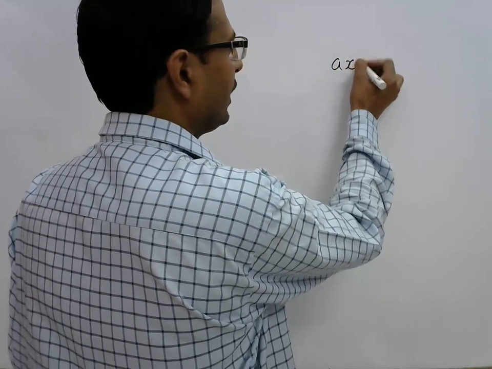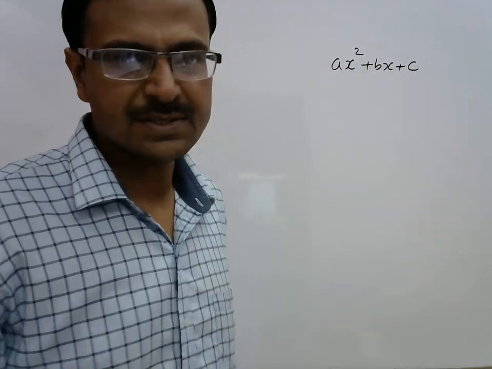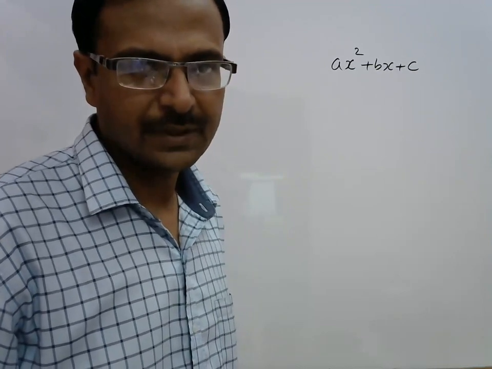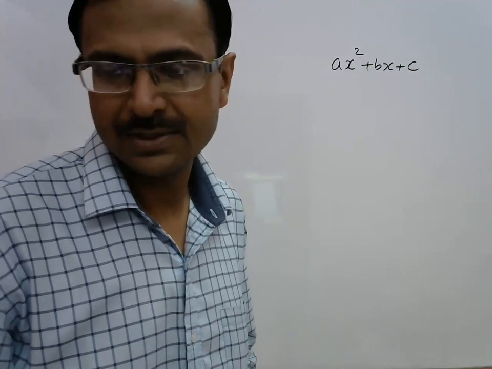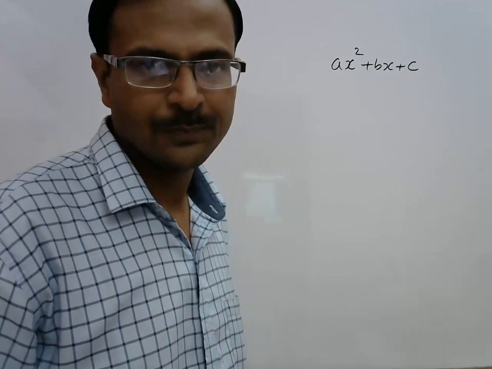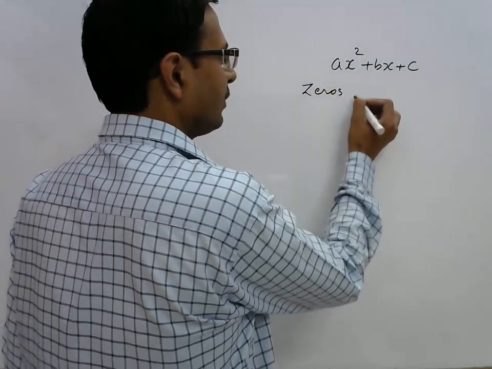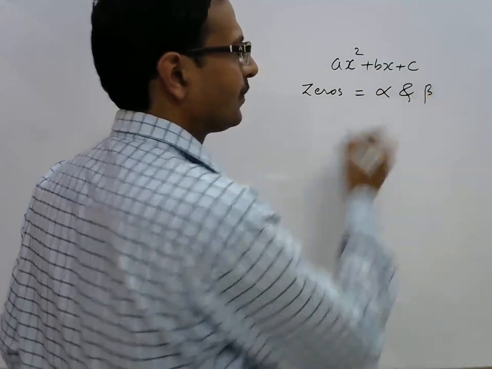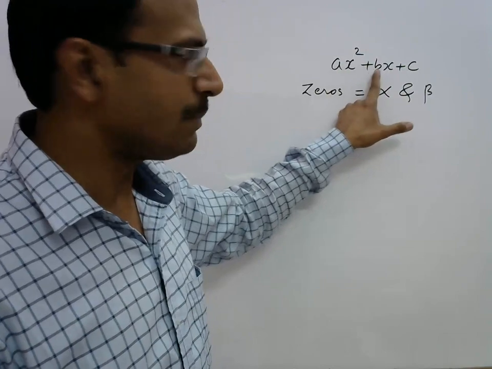I told you that a quadratic polynomial is denoted by ax square plus bx plus c, and in this quadratic polynomial there are two zeros because the degree of the polynomial is 2. Zeros are denoted by alpha and beta, and there is a relationship between these zeros and the coefficients a, b and c.